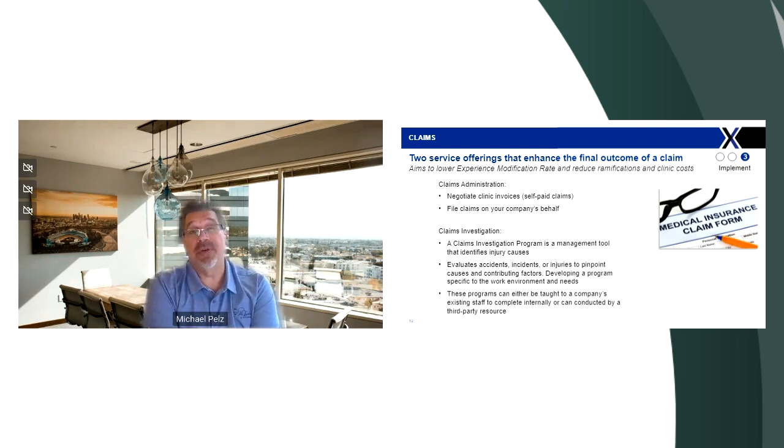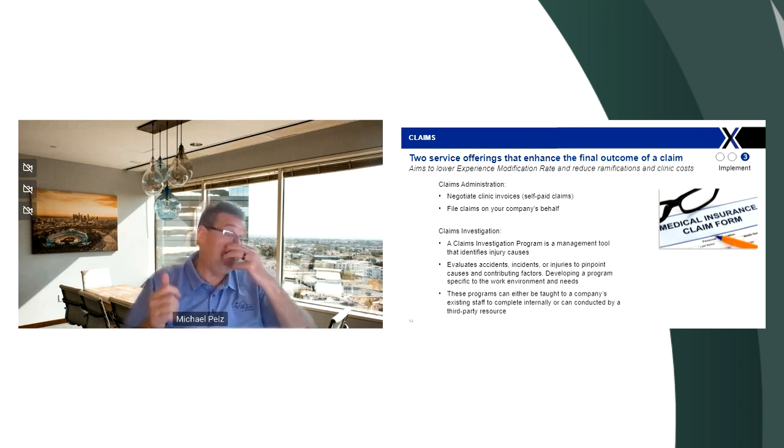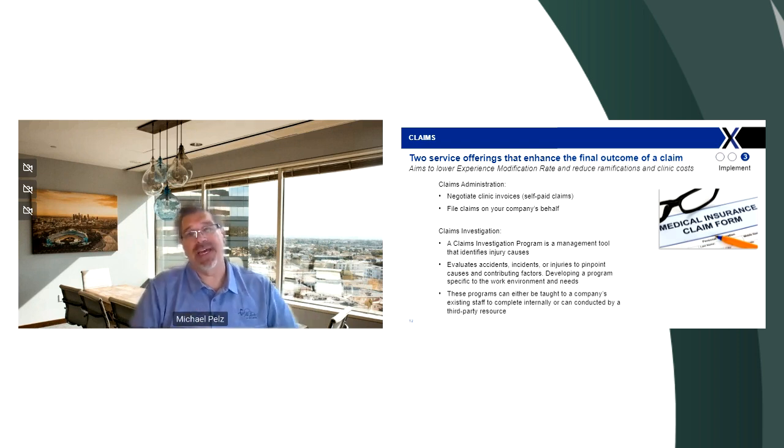And a lot of them will even work with you to train your supervisors so that they can do a proper incident report, because the more key data you get on the front end of the root cause of an incident, the more likely you are to put in place corrective actions to prevent future injuries from happening. So when you look at the claim side of things, even though it's on the back end of an incident occurring, if you utilize these tool sets accordingly, what it can do to help prevent in the future can be very advantageous to your company.